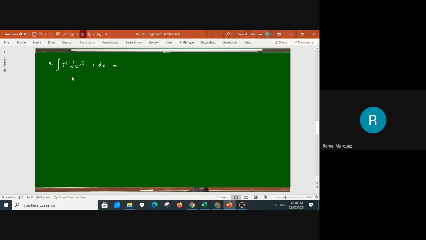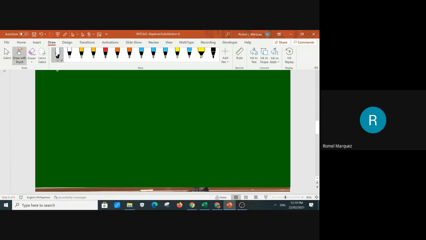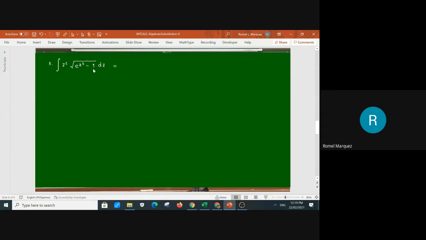Given the integral of z squared times the square root of e to the z cubed minus 1 dz, we're asked to evaluate this integral. Let's try algebraic substitution. I think this radical is what makes it difficult to evaluate, so let that radical be equal to x.